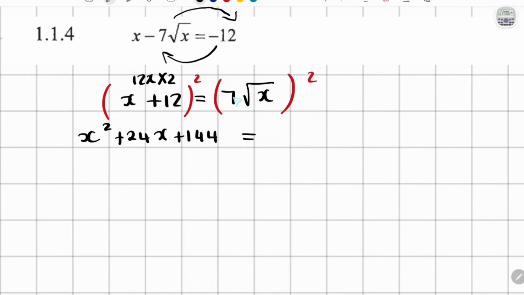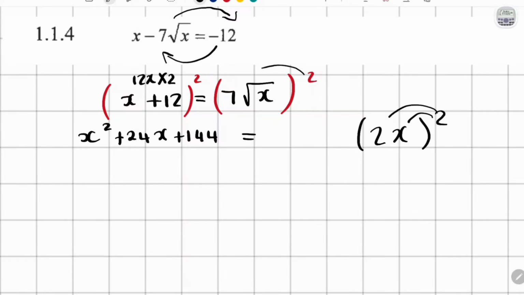It's equal to 7 and the square root of x. When you are squaring this, this is what happens. The 7 and the square root of x are next to each other because they're really being multiplied by each other. Just like if you had 2x all squared, the squared would apply to the 2 and the x. That's exactly what's going on here.